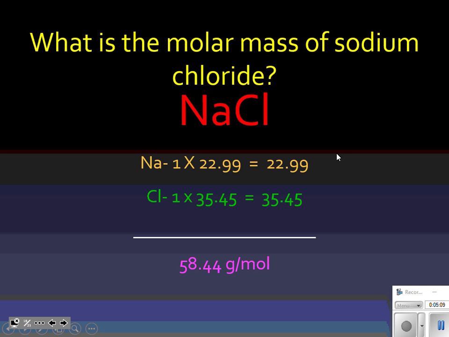And instead of having NaCl, like I have up here, let's say we had NaCl2. Now, all of a sudden, you would put a 2 here, so this number would be doubled. Would we then have the same molar mass? No, we would not. So, ladies and gentlemen, this is wrong.